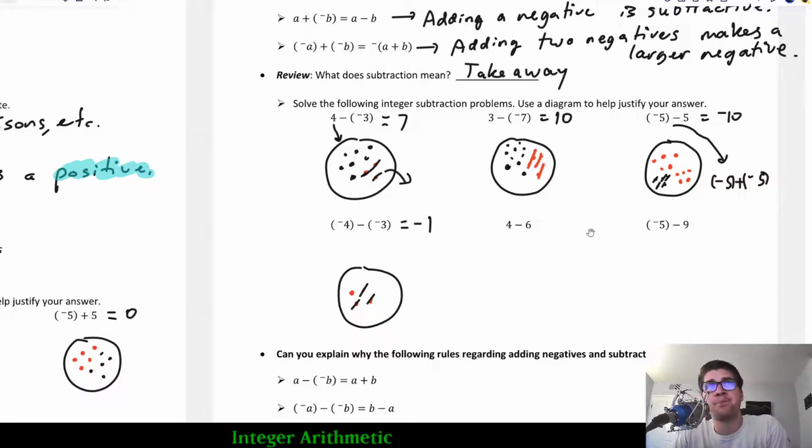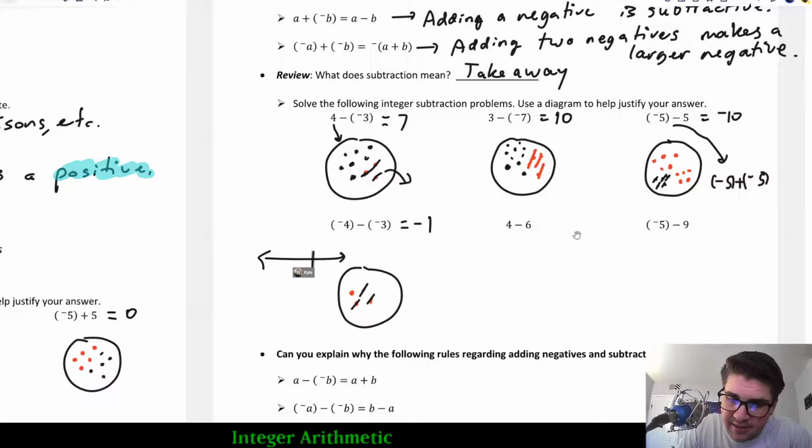Now, if we're using a number line model, this can also be helpful. Say we're starting at 0 and I'm going to go to -4 because that's where I'm going to begin this problem. If I want to take away a -3, if you're trying to use the number line model, it's all about, am I going to the right or to the left? And 2 negatives make a positive. So the action here is going to the right.